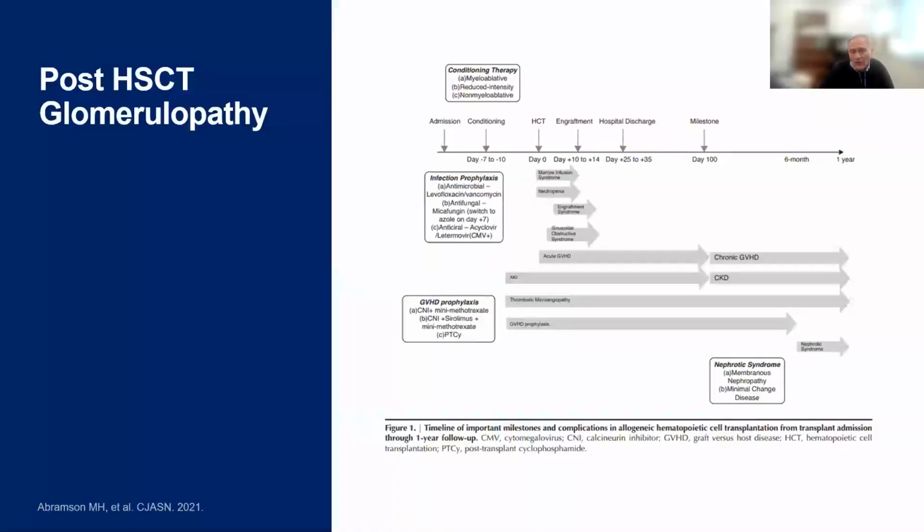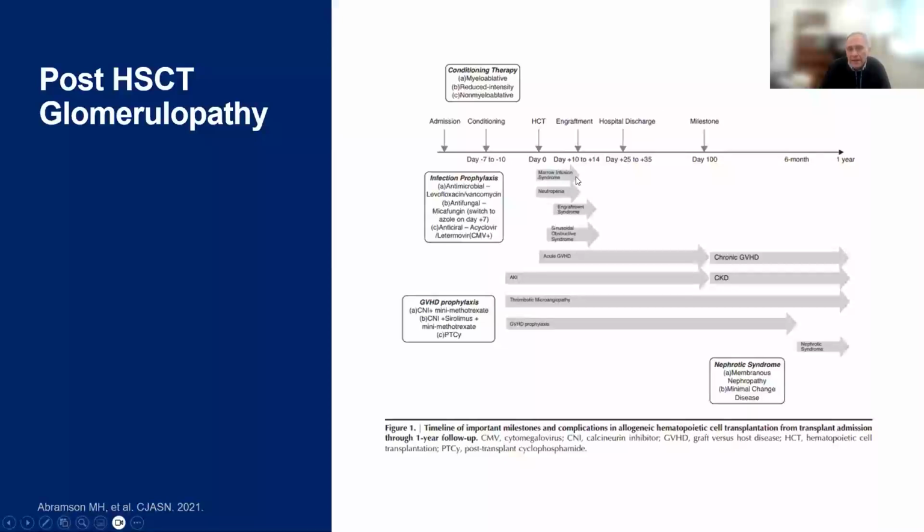So this is from one of our papers, showing what happens when you undergo an allo transplant. Number one, of course, there is a lot of conditioning therapy before the transplant, which will include chemotherapy plus, in some cases, radiation as well.